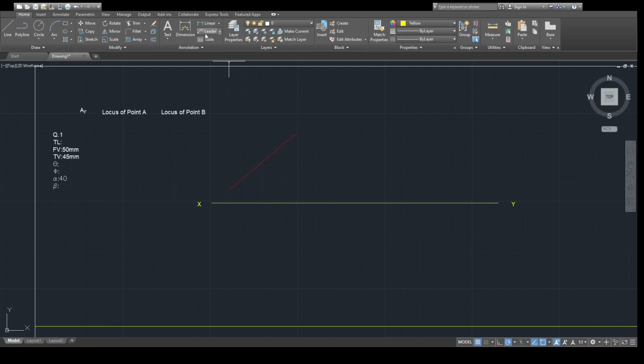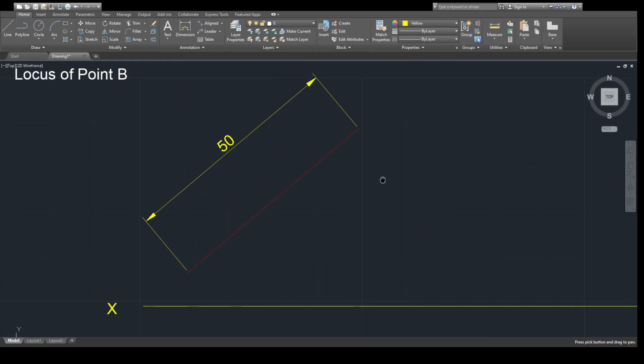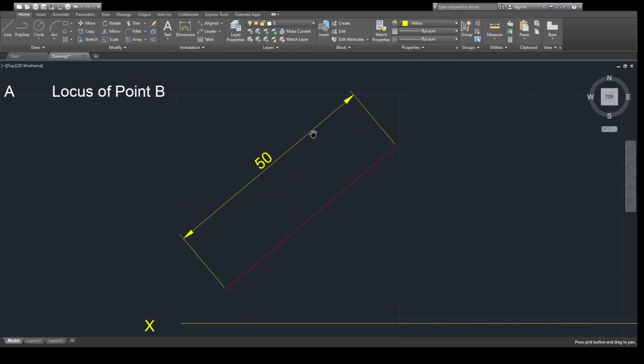And what is alpha? 40 degrees. Remember, dimensions are very important. You have to show the dimensions which are given to you; the rest of the calculated dimensions need not be shown. Everybody listen very carefully: use this kind of dimensions only.